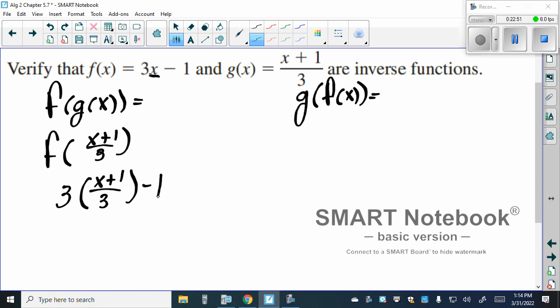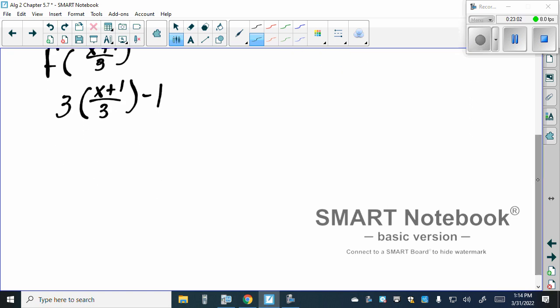Well, what's going to happen with that 3 that we're multiplying the parentheses by and the 3 in the bottom of that fraction? They're going to cancel out. Now, normally we would just cross them out, but I'm going to show it because when we multiply a whole number by a fraction, we multiply it by the numerator, the top.